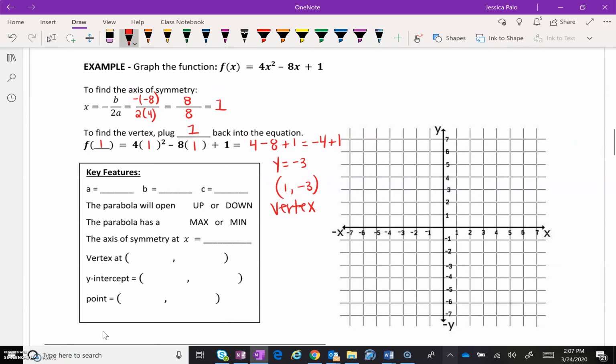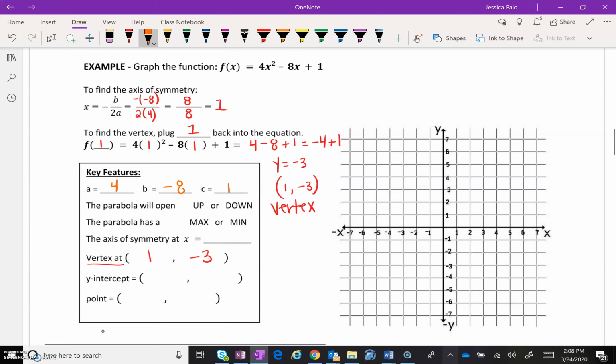And I can put that right here. Vertex is (1, negative 3). It really gave us a lot of room there. All right, so let's identify some key features of this parabola. Our A is 4, B is negative 8, and C is 1.